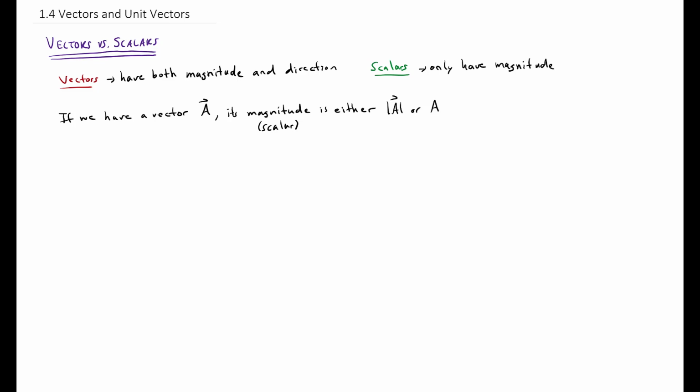So if I have a vector and I can represent its magnitude as A or absolute value of vector A, then the only thing I have left is to figure out a way to represent direction.